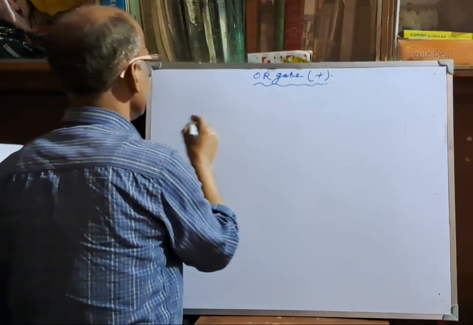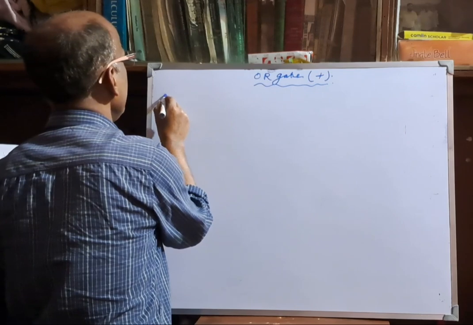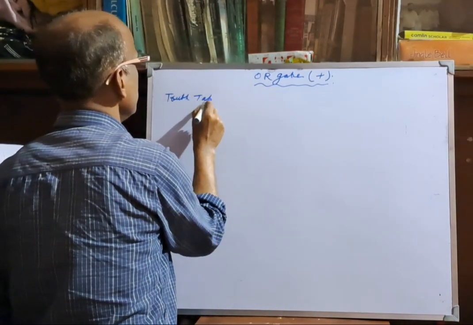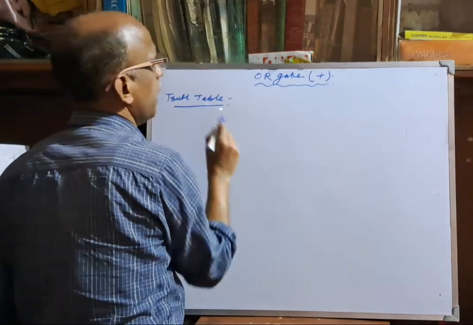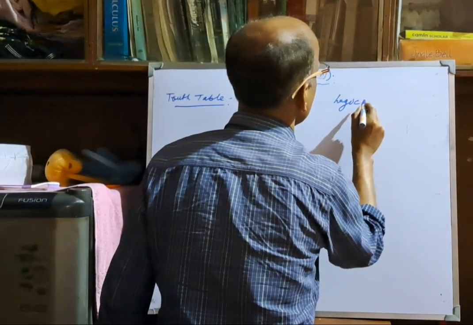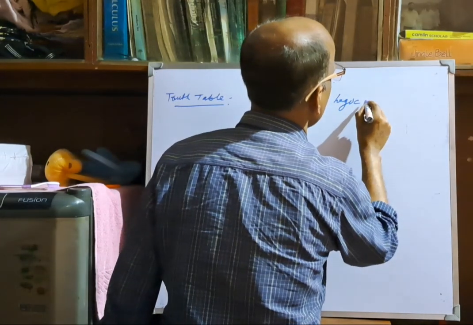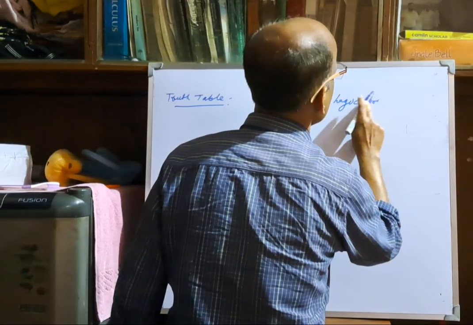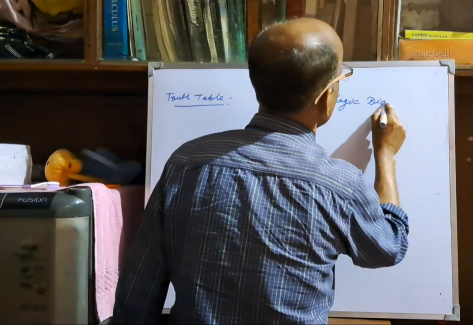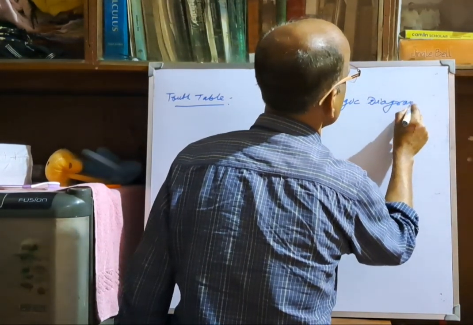There are two inputs. Here I am writing the truth table, and here I am writing the logic circuit, or logic diagram. You can write it either way. I am writing logic diagram because it is understandable to you.